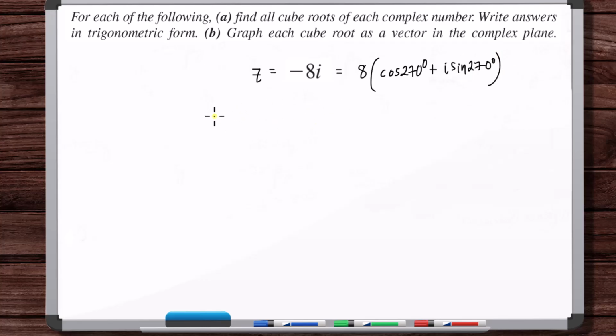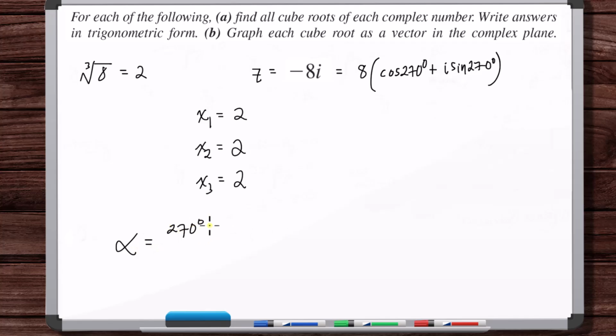So now we're going to have 3 roots, and they're all going to have radius the principal cube root of 8. So 2, 2, 2. Now the alphas are going to be that 270 plus 360 times k all over 3, where k is going to be 0, 1, and 2.